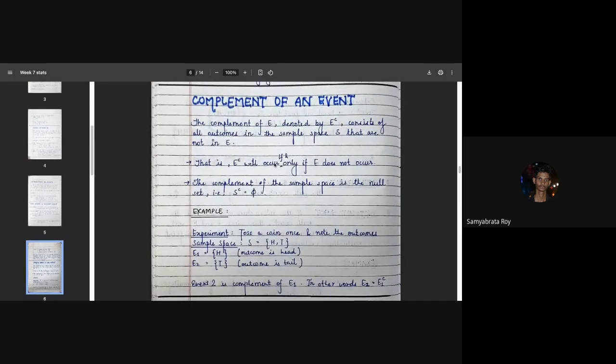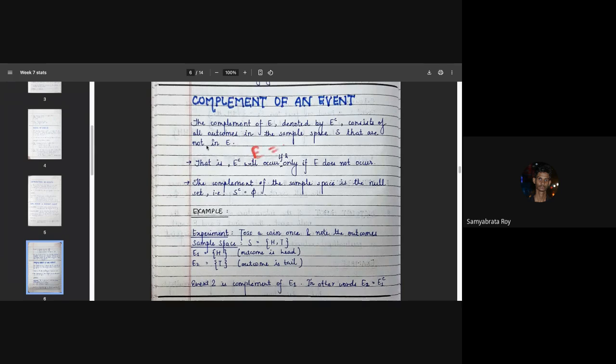Complement of an event. Suppose I have written an exam, and I'm trying to find the probability of me passing the exam.